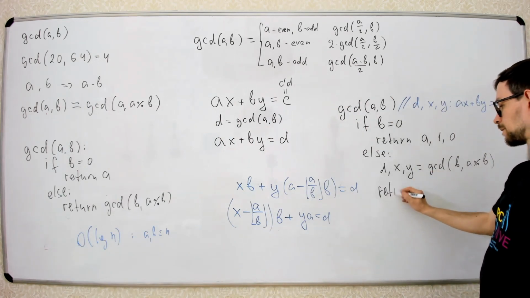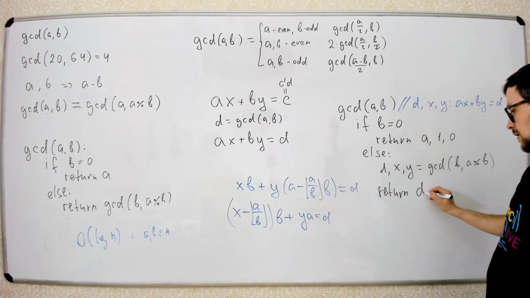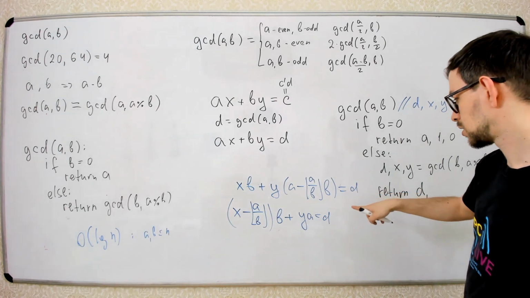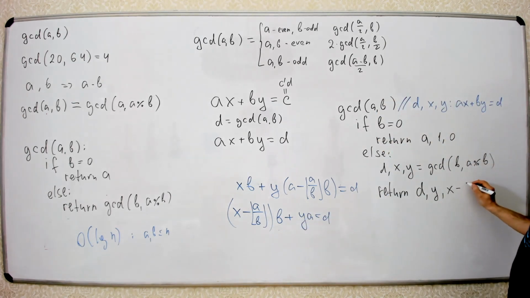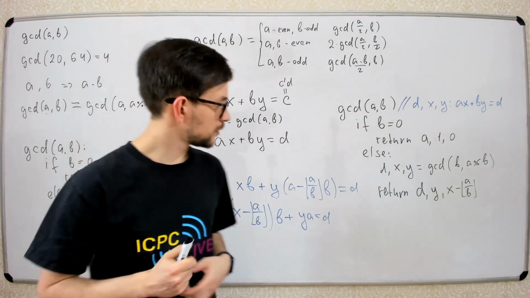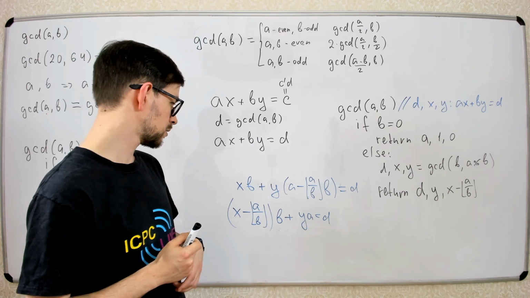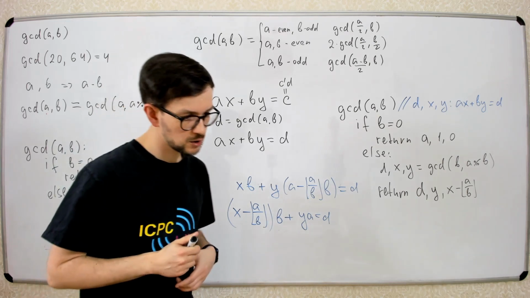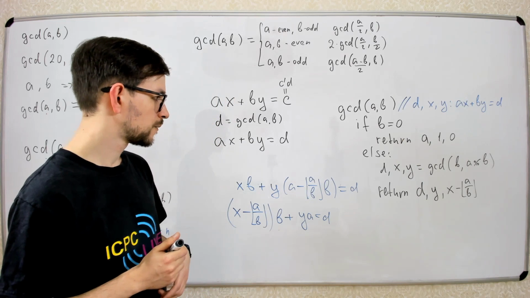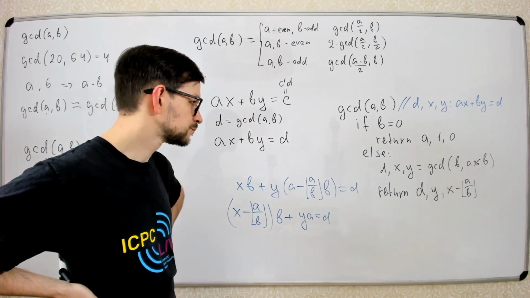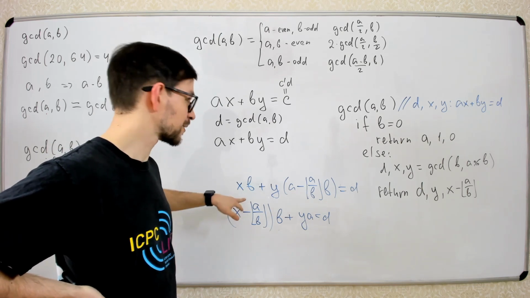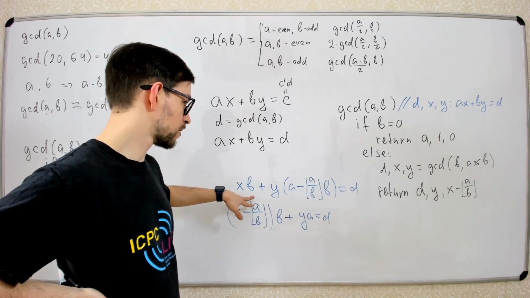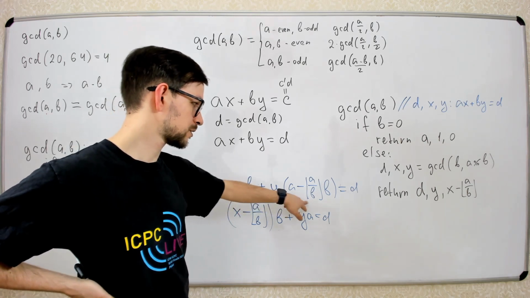So we'll return d and the linear combination of y and this thing, x minus a over b. You missed y. Where? Yeah, something is wrong. Okay. xb plus y minus this equals d.